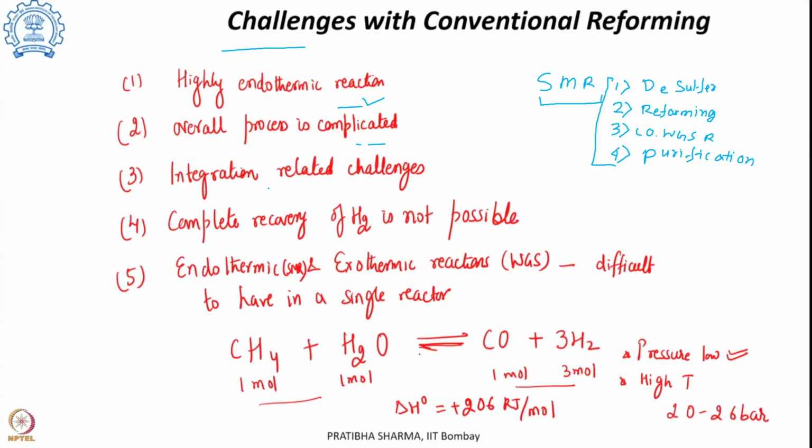Then there is the integration-related challenge: integrating all the processes is very difficult for the conventional reforming process. Integrating means compact design. In industry we want everything in a compact form.